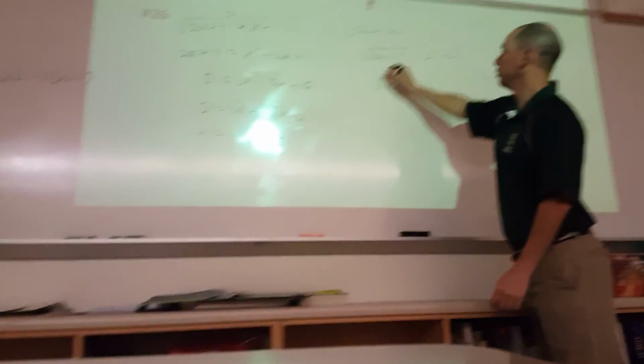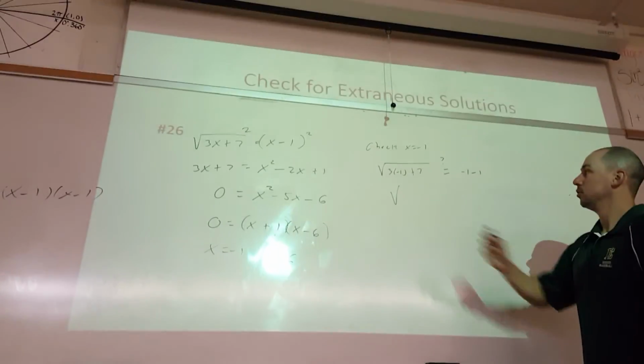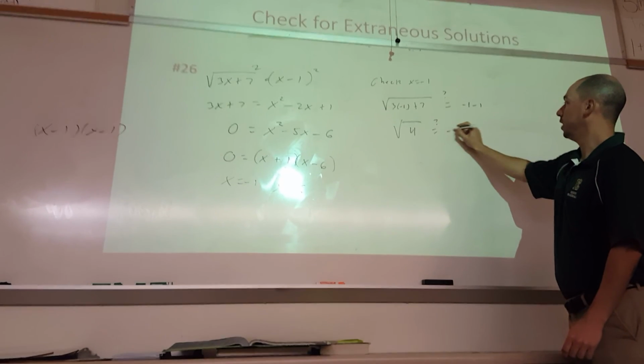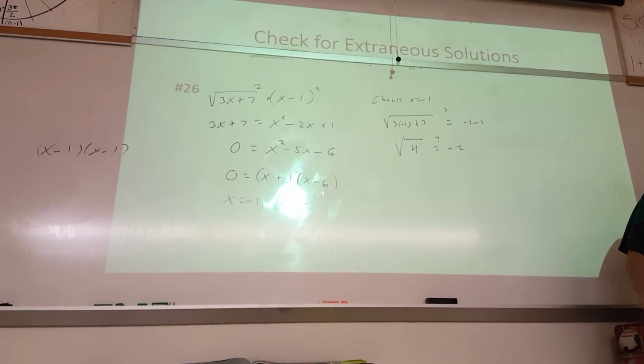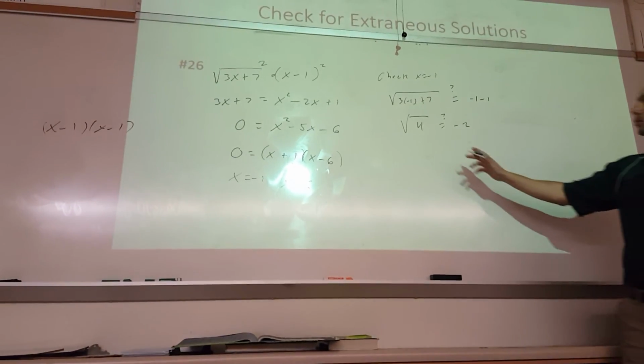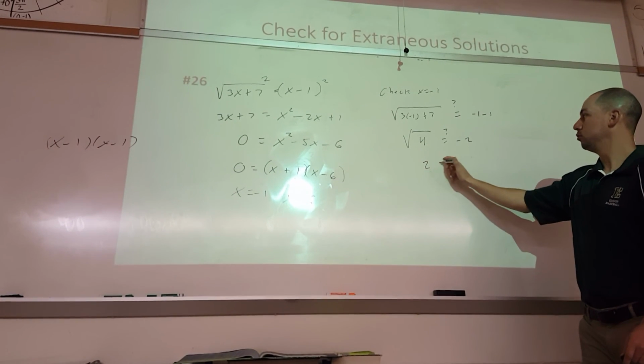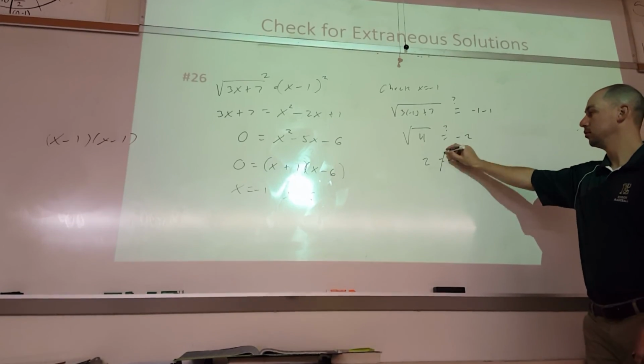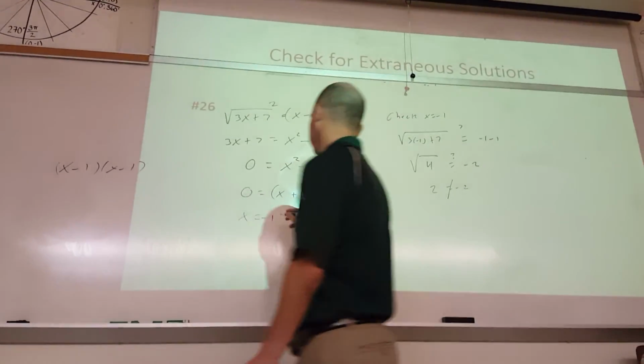So this would be the square root of 4. Does that equal negative 2? Square root of 4 is 2, so does 2 equal negative 2? Negative 1 is not a solution.